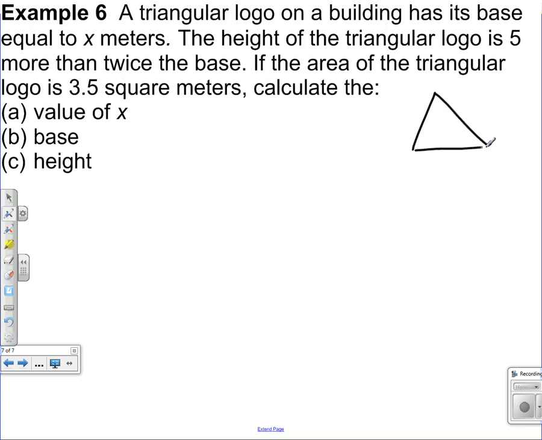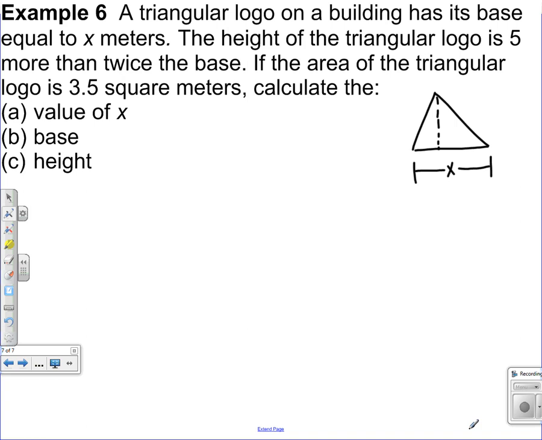Let's draw some triangle, and it says the base is what? The base is X meters. Okay, I'm going to treat this as my base. And the height is, what's that say? The height is 5 more than twice its base.